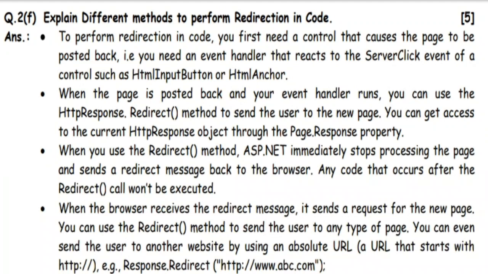So when the page is posted back and your event handler runs, you can use the HttpResponse.Redirect method. Just remember, this is one method which we use to create redirection in code, HttpResponse.Redirect, to send the user to the new page.